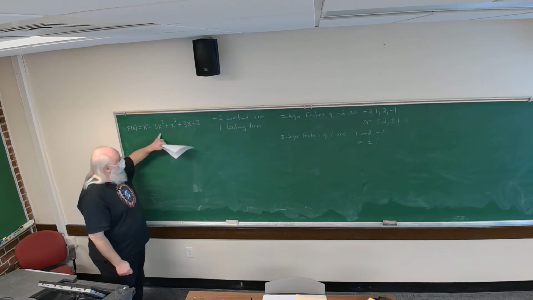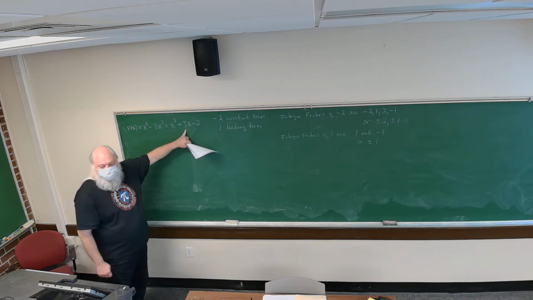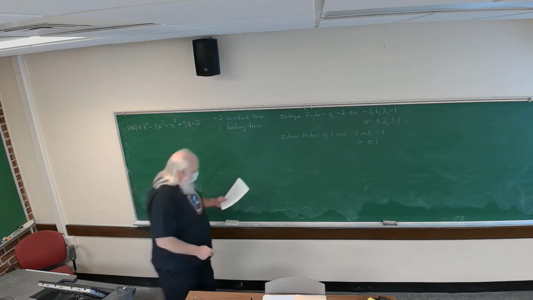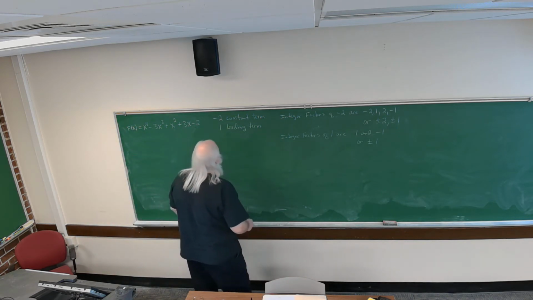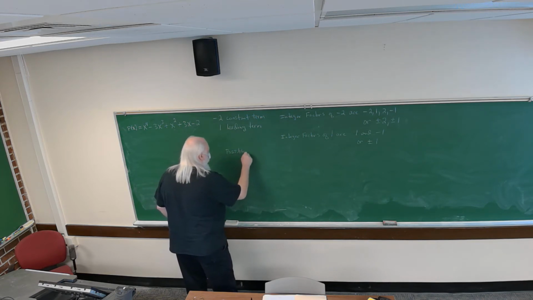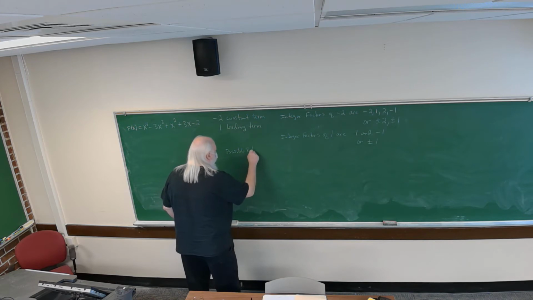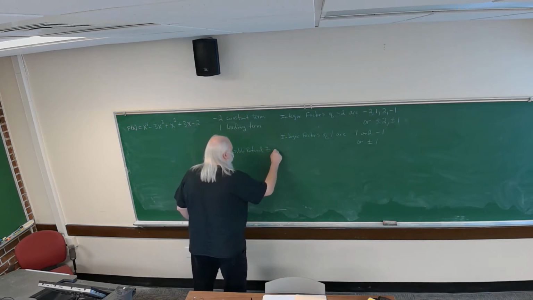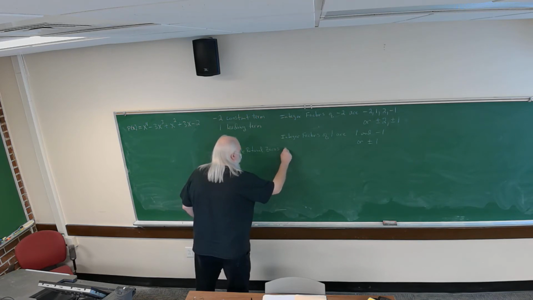But if there is a rational number that will make it equal 0, it's going to come from this set. So we're going to come up with a list of possible rational zeros.